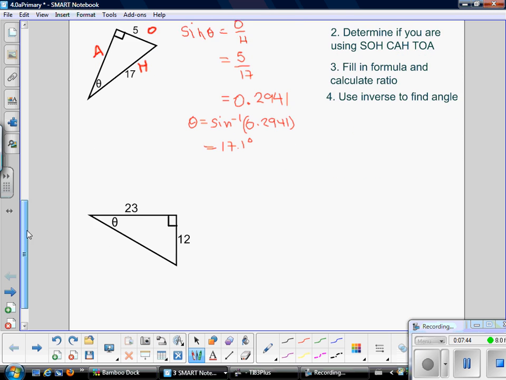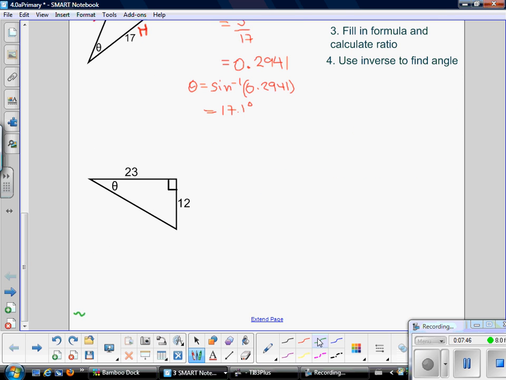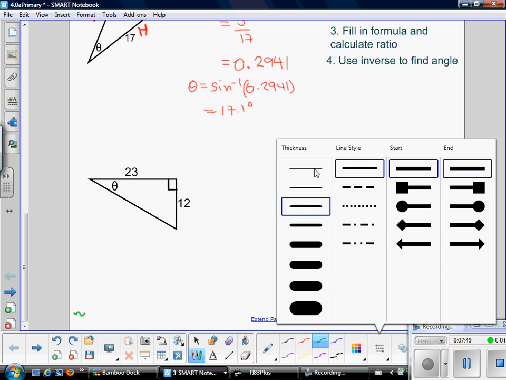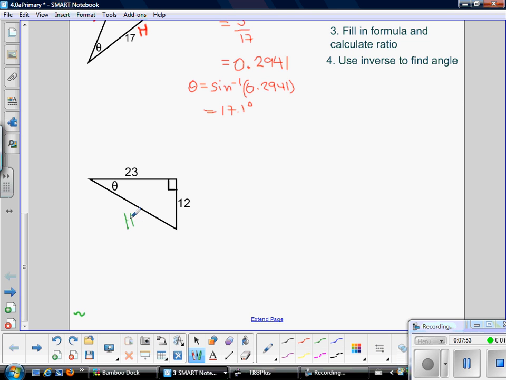Okay, moving on to the next example. Same process again. Label our triangle: hypotenuse, opposite, adjacent. You can see this time we have opposite and adjacent, so we know we're going to use the tan ratio.